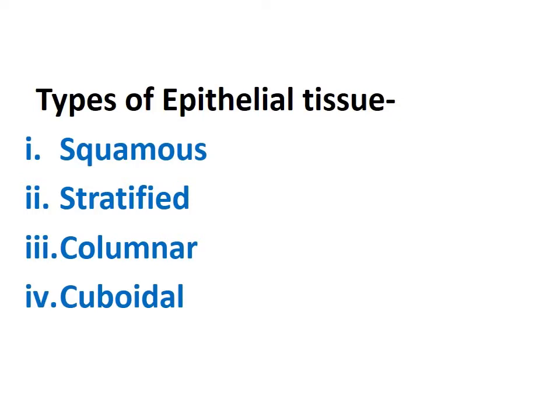Third is columnar epithelial tissue, and fourth type of epithelial tissue is cuboidal epithelium tissue. So these are the 4 types of epithelial tissue. In this video lecture, we are going to study 2 types of epithelial tissue, that is squamous and stratified epithelial tissue. The other 2 types, columnar and cuboidal epithelium, we will cover in the next video lecture.